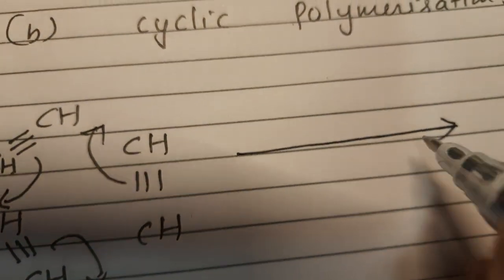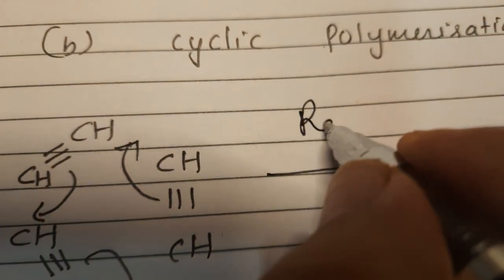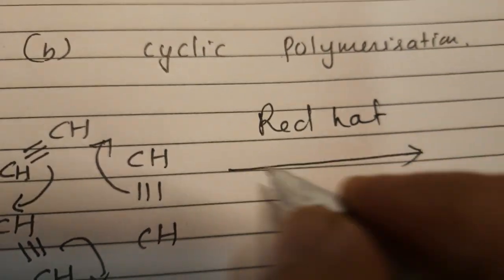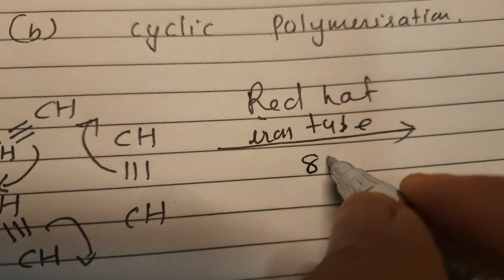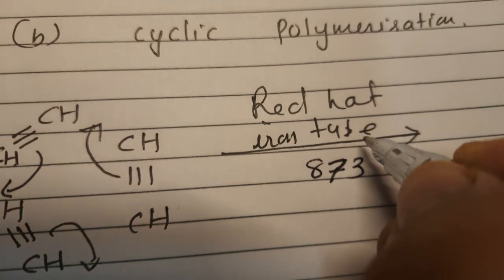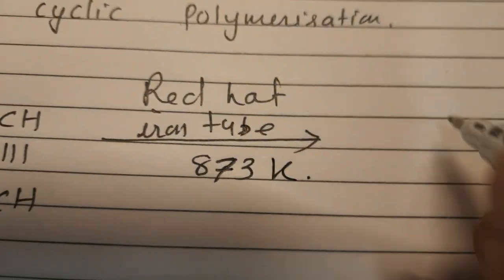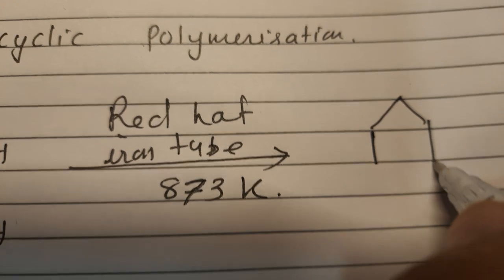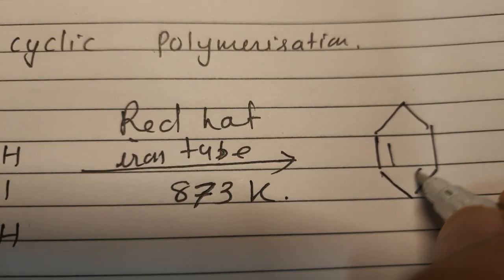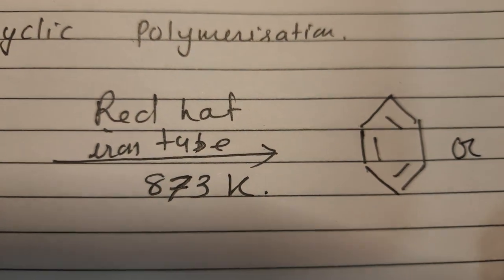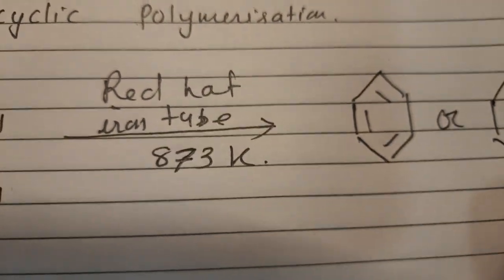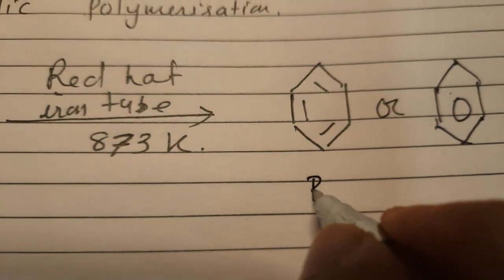So here it will go, and when it is passed over a red hot iron tube at temperature 873 Kelvin, then it will give us benzene. In the preparation of benzene also you have to learn this reaction, and benzene is also denoted by this. Okay, so benzene is obtained.